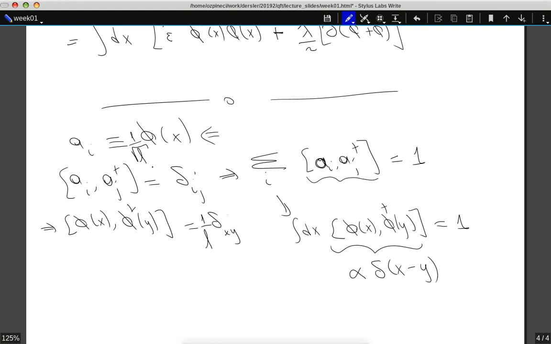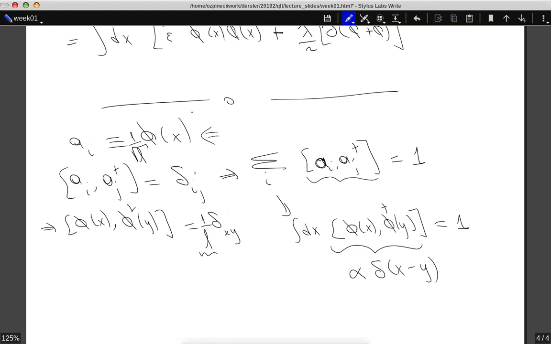Now, why 1 over L, but not 1 over L squared? Why 1 over square root of L? That's the question.